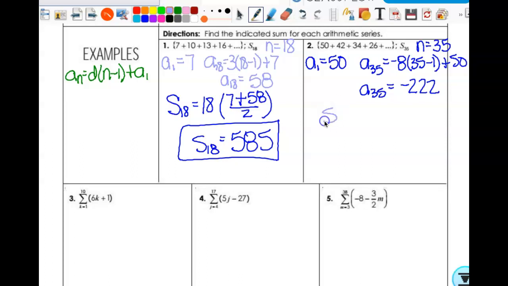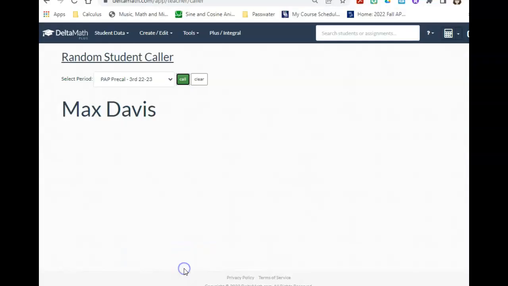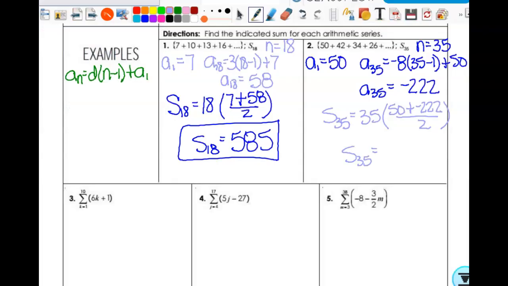So I want the sum of the first 35 terms. Ruby, what did you get? Okay. Wait.